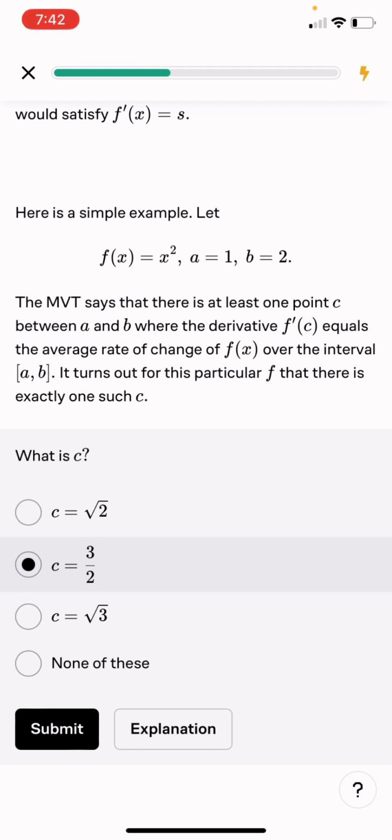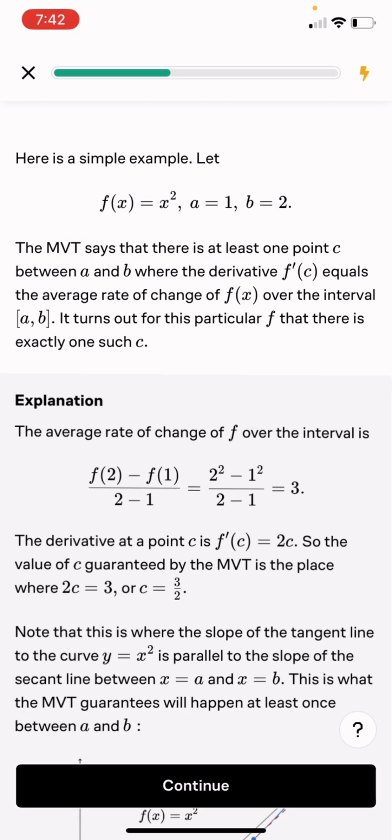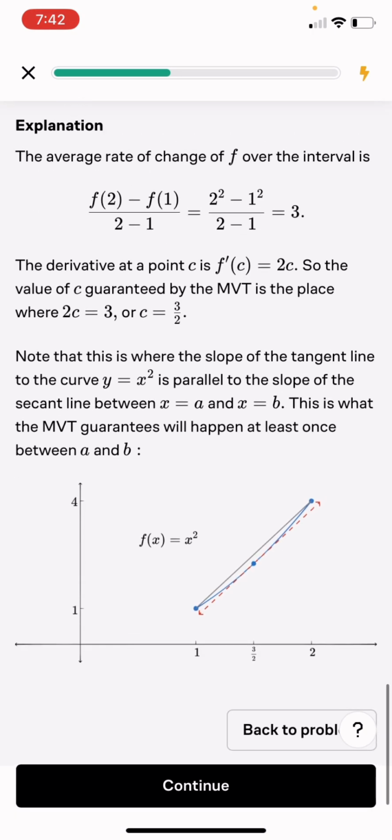So the value of c guaranteed by the MVT is a place where 2c equals 3, or c equals 3 over 2. Note that this is where the slope of the tangent line to the curve y equals x squared is parallel to the slope of the secant line between x equals a and x equals b. This is where the MVT guarantees that this will happen at least once between a and b.